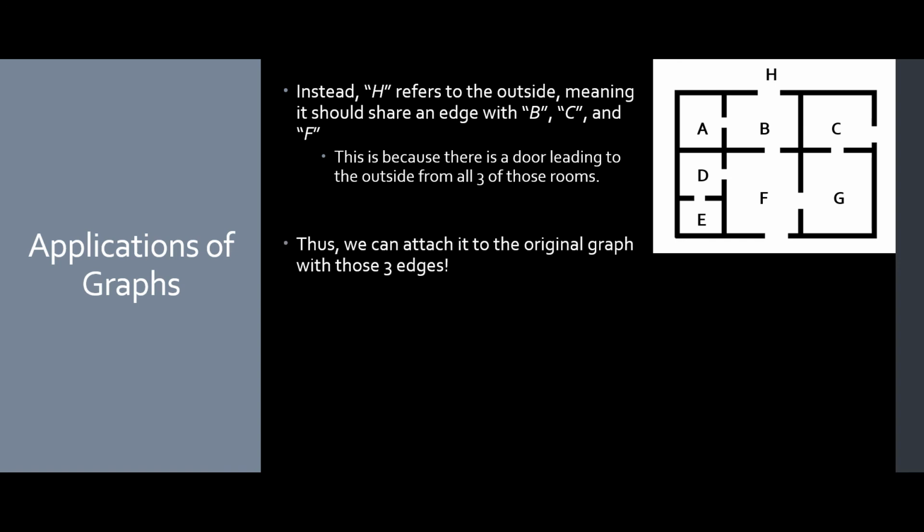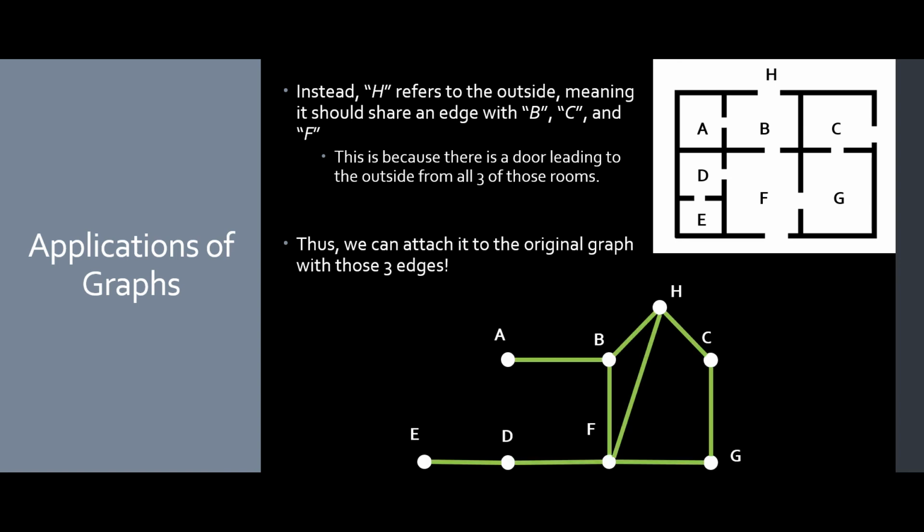So we can attach it to the original graph with just those three edges. It looks like this. Notice that I don't have to loop around. I don't have to have multiple copies of H. In fact, you shouldn't have multiple copies because there's just one outside. But we can attach it, and that's what it looks like, and that's the floor plan.